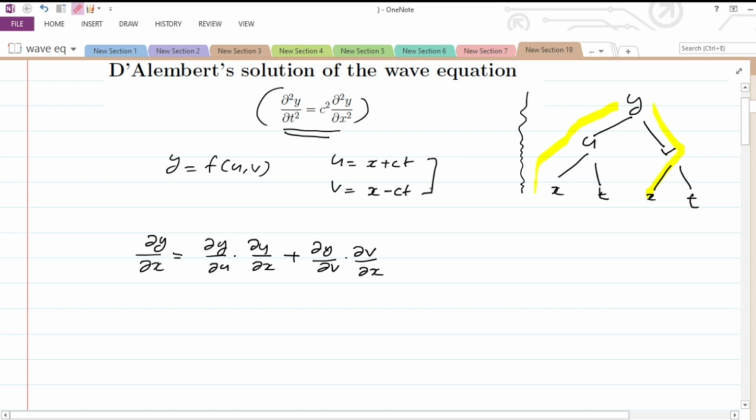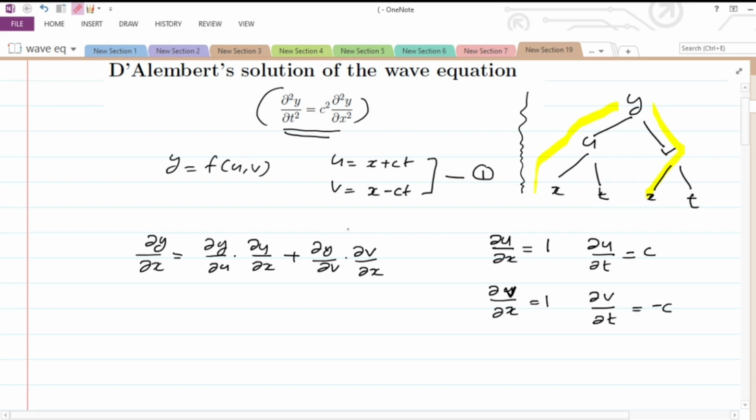We can take this as equation number 1. We also have u equal to x plus ct and v equal to x minus ct. So we can find dou u by dou x equal to 1, dou u by dou t equal to c, dou v by dou x equal to 1, and dou v by dou t equal to minus c.